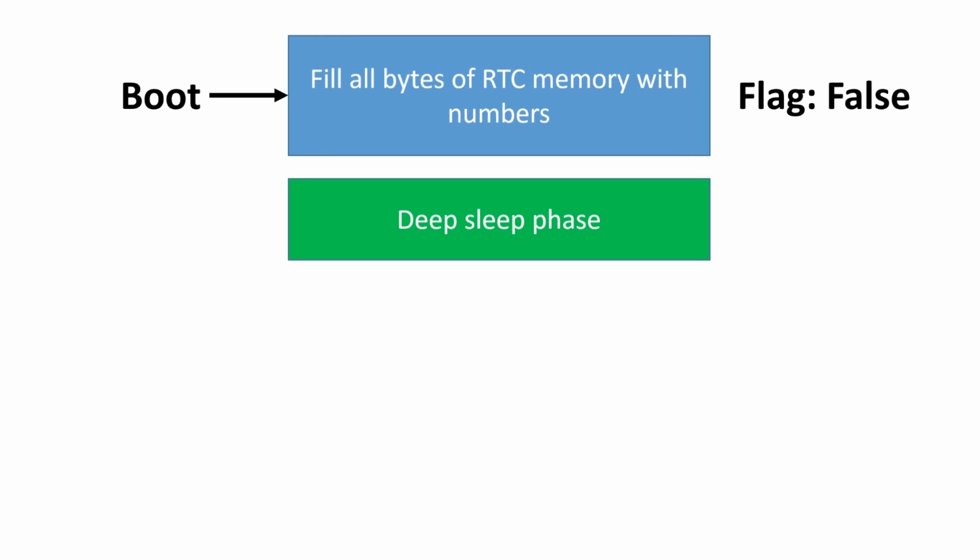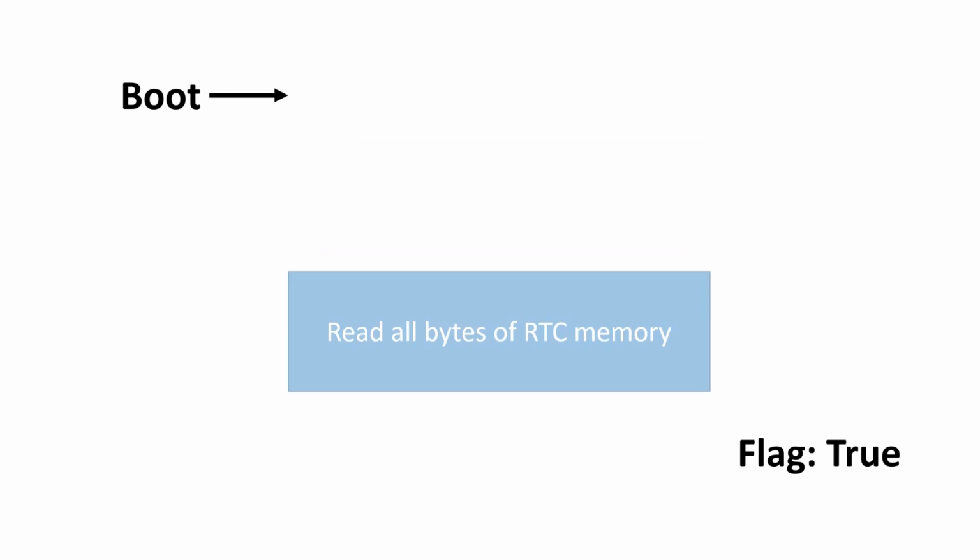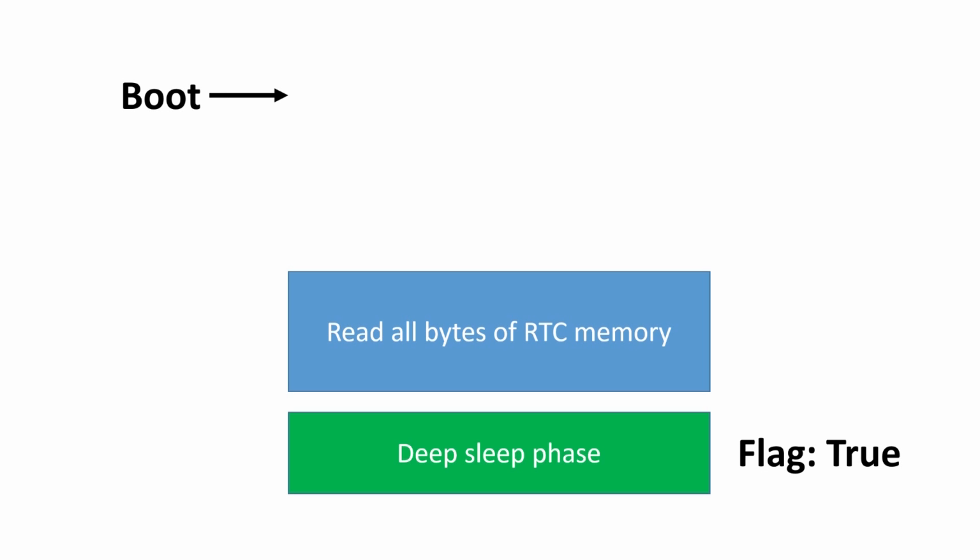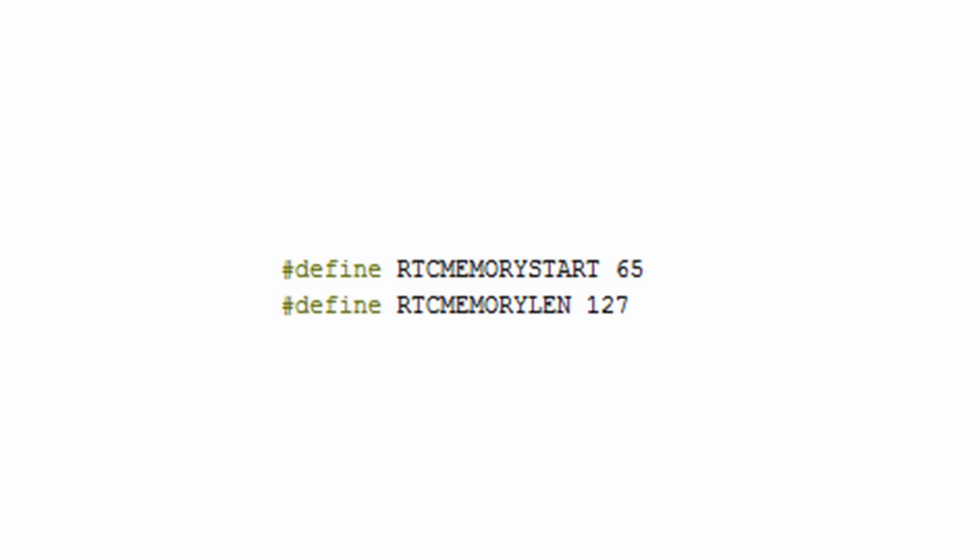So what to do? We could introduce a toggle flag, and if the flag is false, we fill the memory, and if it is true, we read it. So we have to sacrifice 1 bucket for this flag. I place it just at the beginning at position 64. So our measurements can only start at 65.